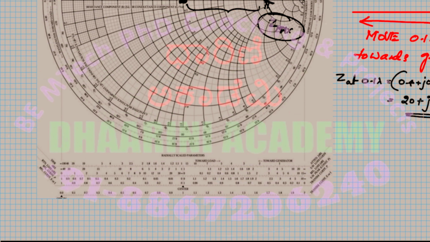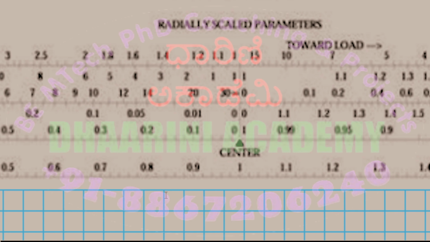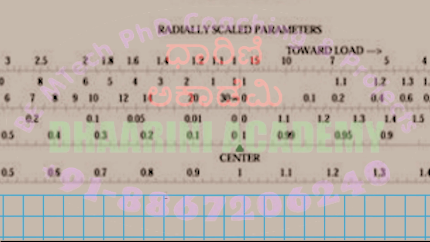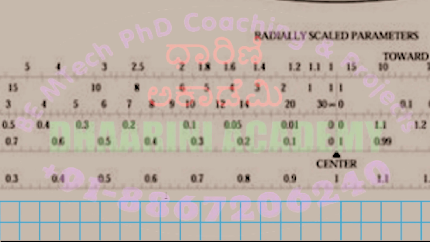Come down and note that there is a scale given at the right. Can you see the radially scaled parameters? In the sense, everything you have to measure is with respect to the radius only. Whatever is the radius of the circle you are drawing, only that radius can be used to measure the various parameters. Now, what are the parameters you can measure? Come here.